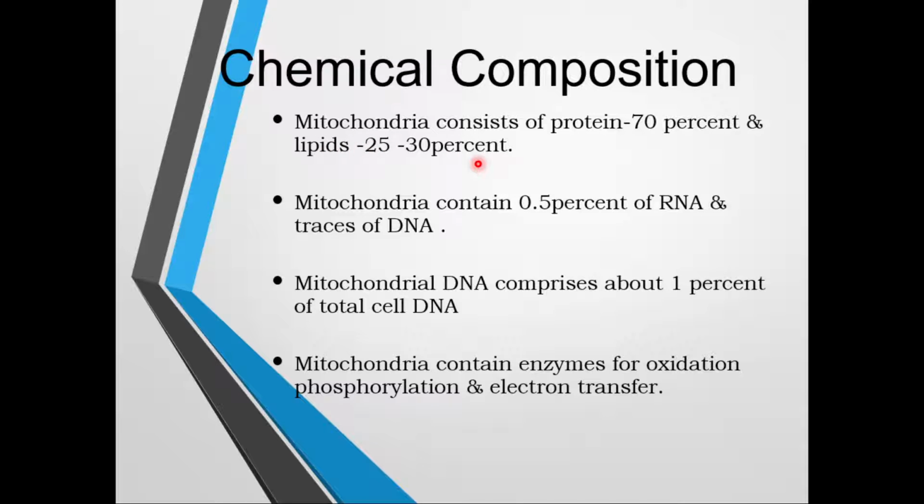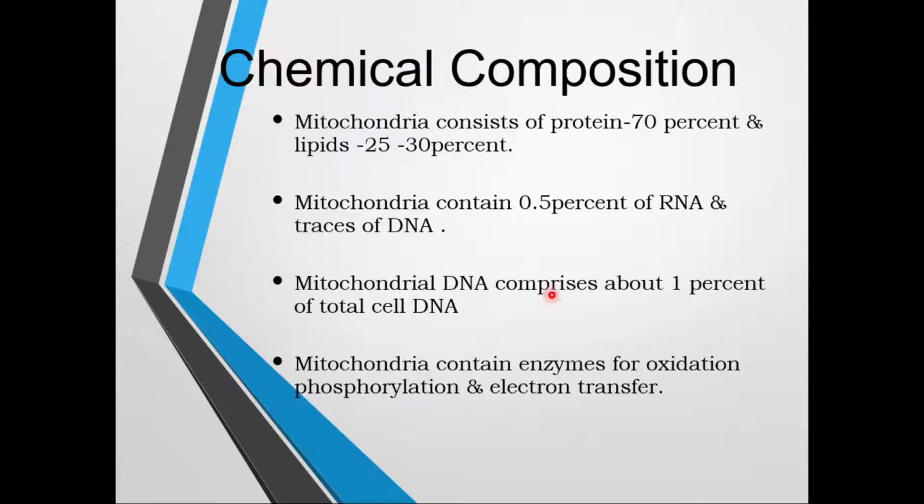So 70:30 का रेशो होता है माइटोकॉन्ड्रिया में प्रोटीन और लिपिड को लेकर। Then mitochondria contains 0.5% of RNA and traces of DNA, the genetic material. ये एक इंडिविजुअल ऑर्गेनल ऐसा है माइटोकॉन्ड्रिया सेल के अंदर जिसका खुद का जेनेटिक मटेरियल होता है। ये बहुत इम्पॉर्टेंट और यूनिवर्सल ट्रुथ है जो आपको मालूम होना चाहिए कि one and the single only one organelle, that is mitochondria, which consists of its own genetic material. So वो कितना होता है? तो 0.5% of RNA and traces of DNA are present in mitochondria.